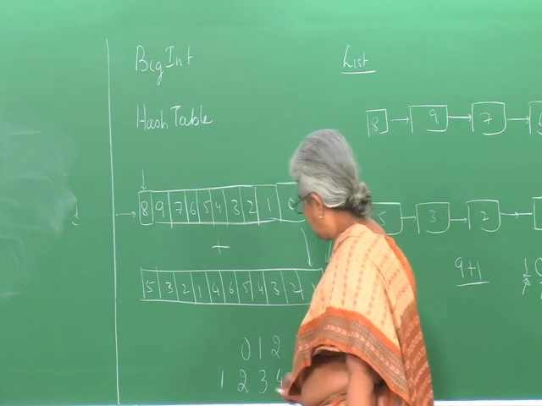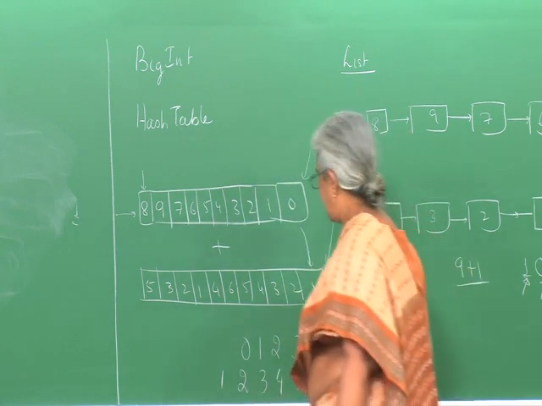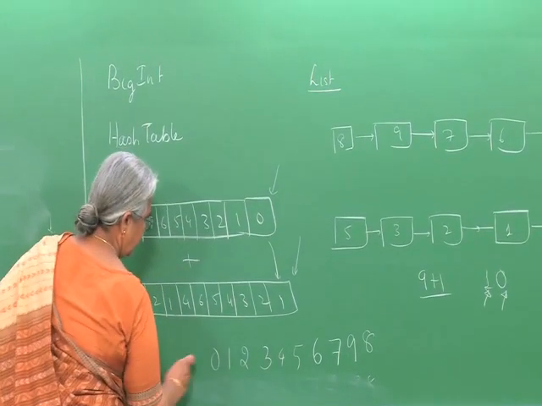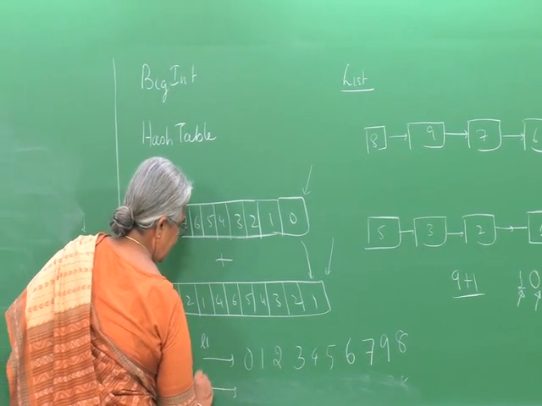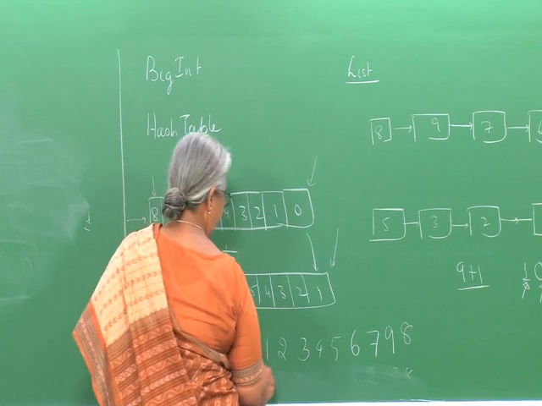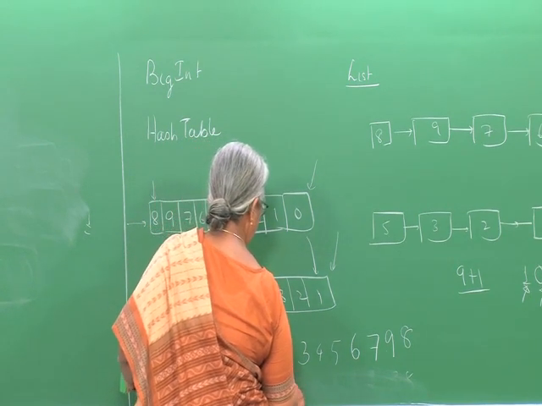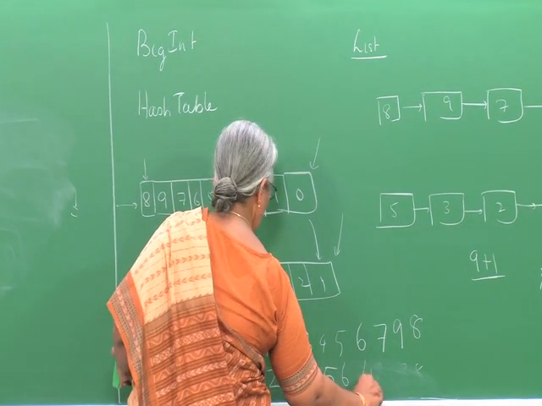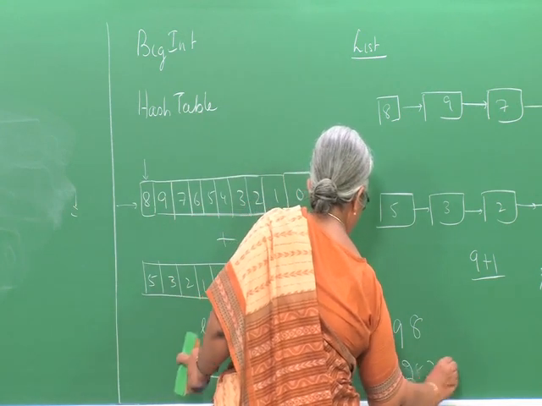Let me rewrite this again. This is the starting point in list 1. So let me call this list 1 or big int 1 and this is L2. So what's being done is, I store 1, 2, 3, 4, 5, 6, 4, 1, 2, 3 and 5.